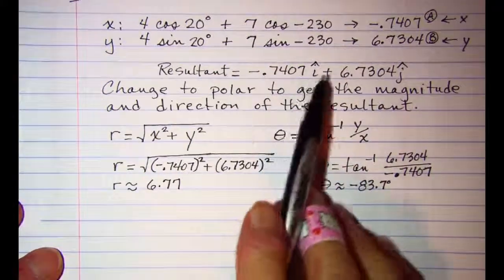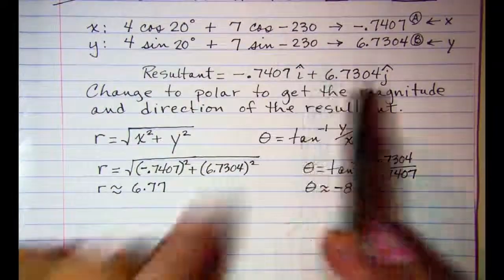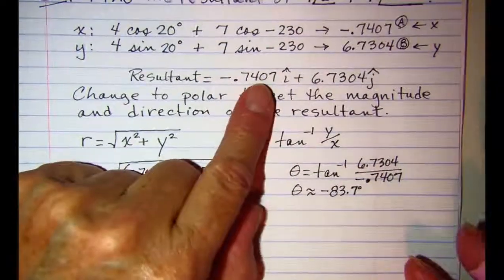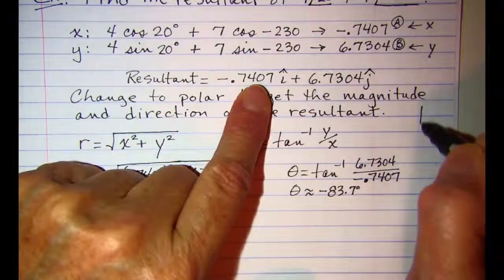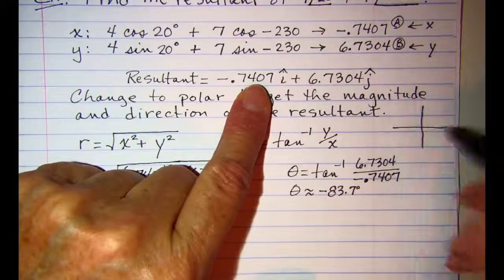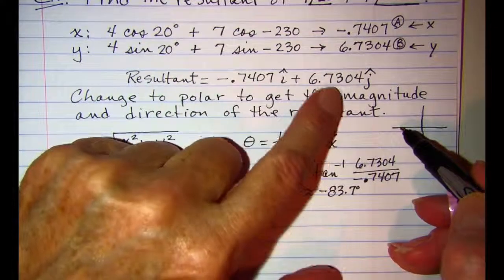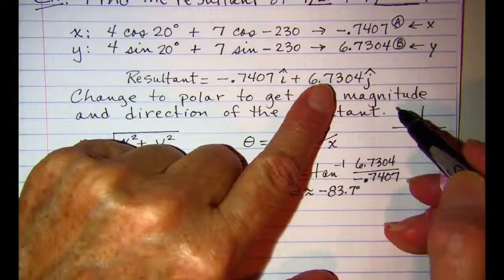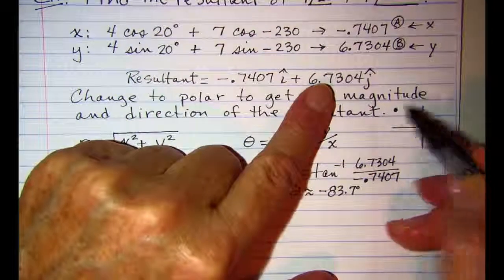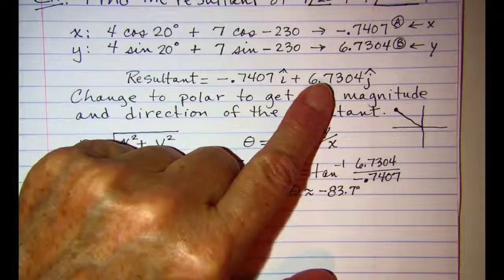So let's just look at my resultant. The x value, or the horizontal component, is negative. So left, and the vertical component is positive. So our resultant should be up here in quadrant 2.